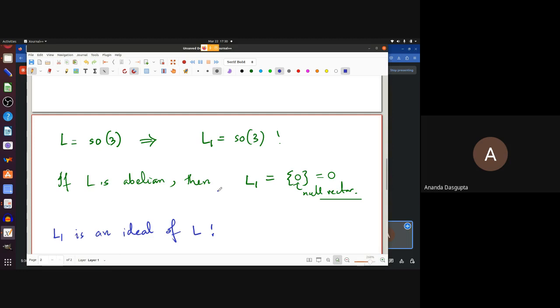L is a vector space, so that is of course an element in L, right? So if you take brackets of two elements from L1, it had better be in L1, right? Because brackets of any two elements of L have to be in L1. Is that okay?